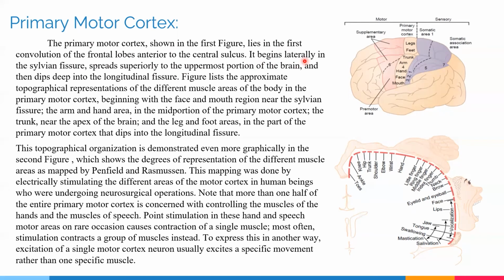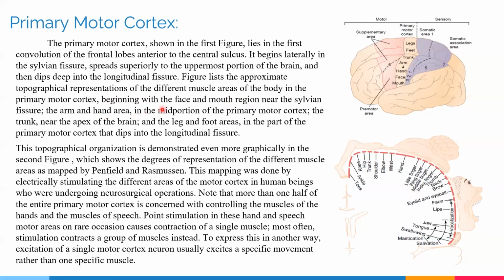It begins laterally in the sylvian fissure, spreads superiorly to the uppermost portion of the brain, and then digs deep into the longitudinal fissure. The figure lists the approximate topographical representation of the different muscle areas of the body in the primary motor cortex.